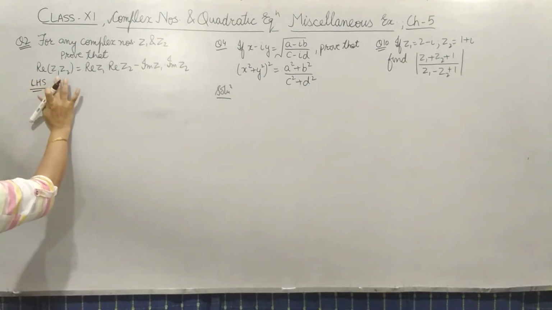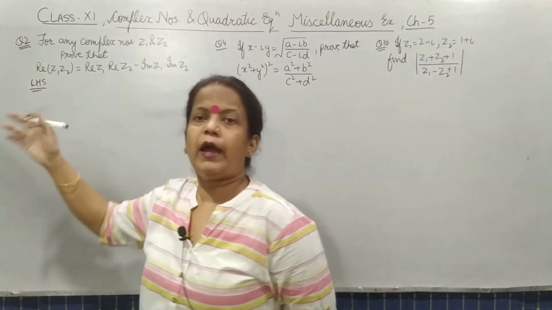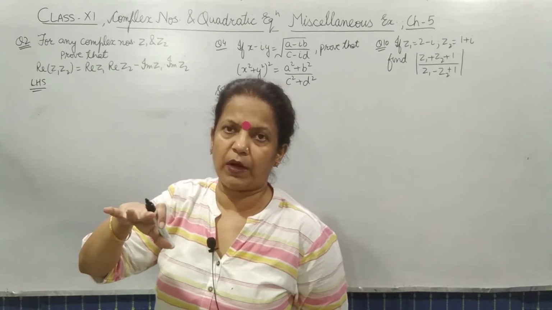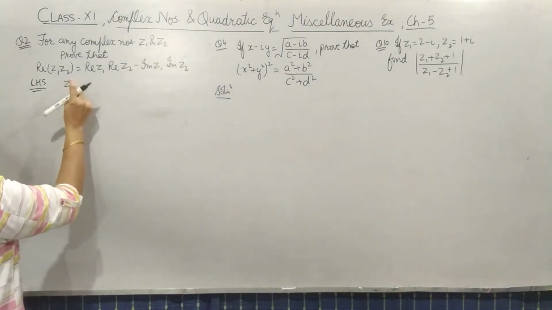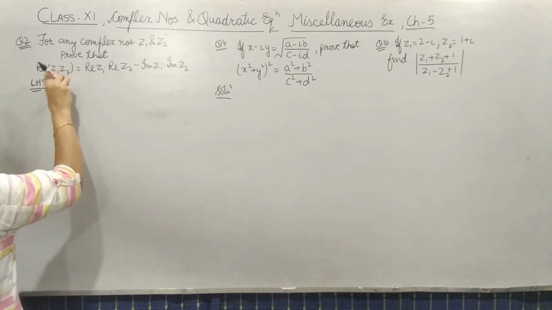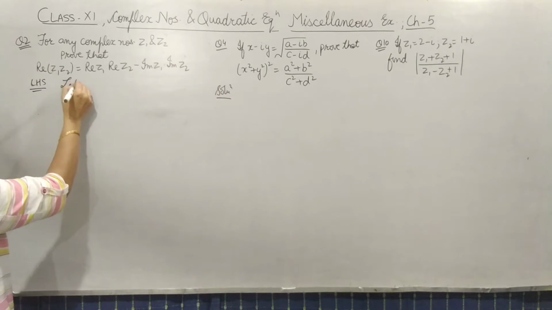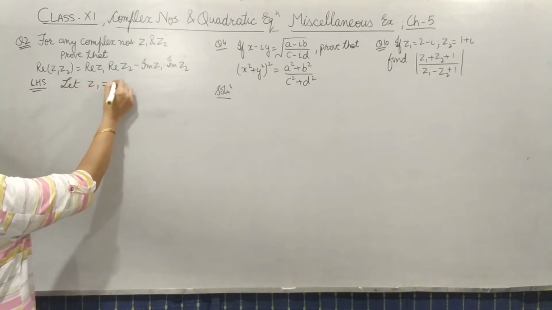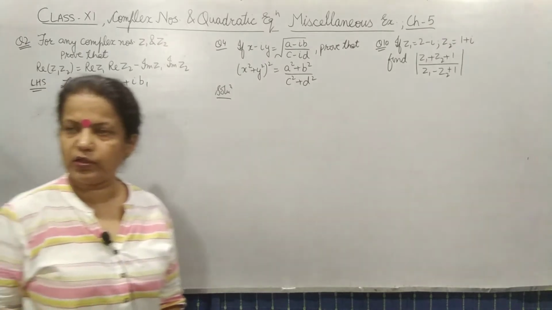From LHS part आप क्या करेंगे, पहले z1 multiply z2 करेंगे and then you will find out its real part. So we will assume, let the first complex number z1 equal a1 plus iota b1. We can write it like this.